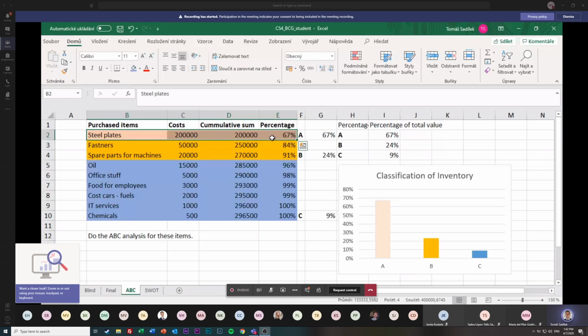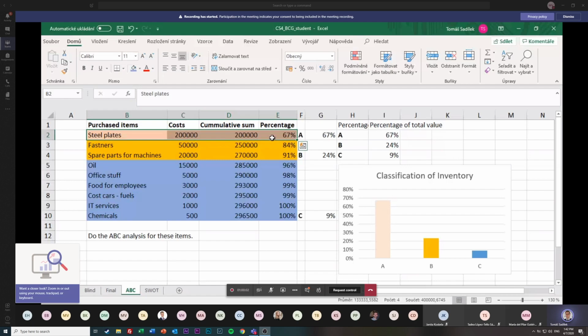The C items are items that don't have a high impact on the costs allocated, and the C items should be ordered in an automated way. So this is the description. We use different methods for A, B, and C items strategy. So different strategies.